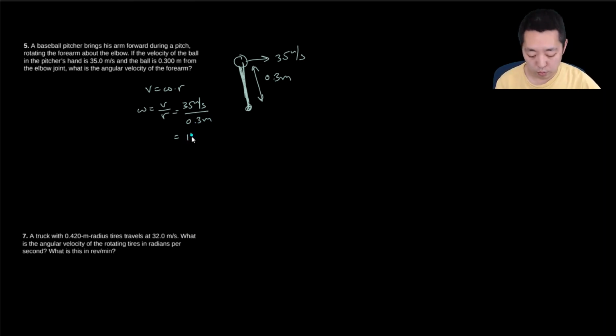And this is 117. The units of this are going to be radians per second. When you use this formula, it's implicit that it's radians per second. It's not super obvious from the formula, but it is actually radians per second. It has to do with the fact that the angular displacement and angular position are related directly in radians. So that's where it comes from.